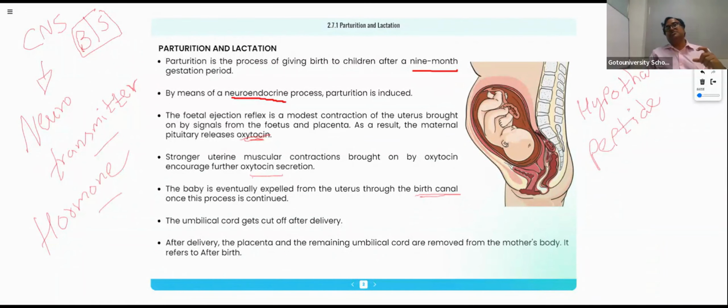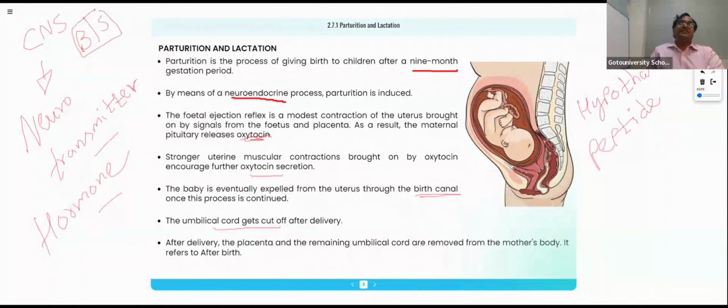In that occasion, there is no issue at all. Whereas if it is a short diameter, I need to do the tissue grafting. Then the birth canal or cervical canal diameter is increased, right? The umbilical cord gets cut off after the delivery, right? So basically, the umbilical cord we will cut with scissors after the delivery.